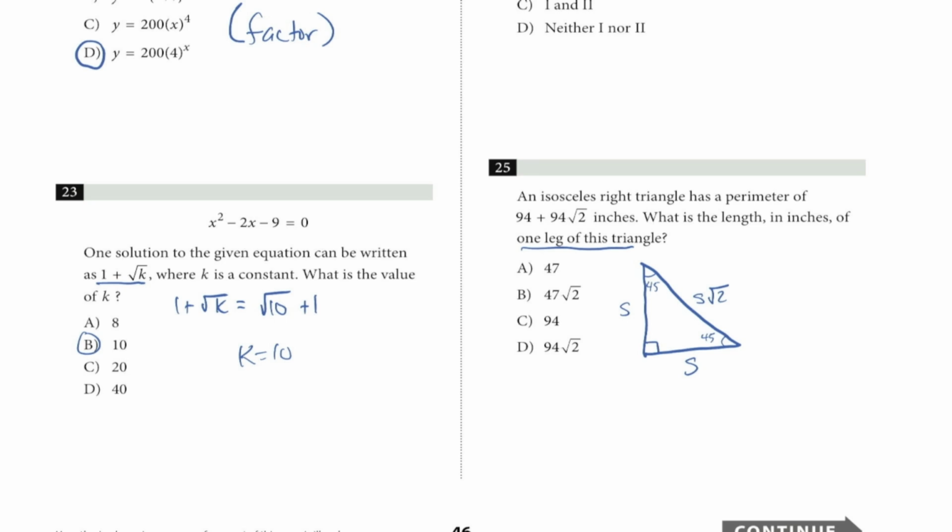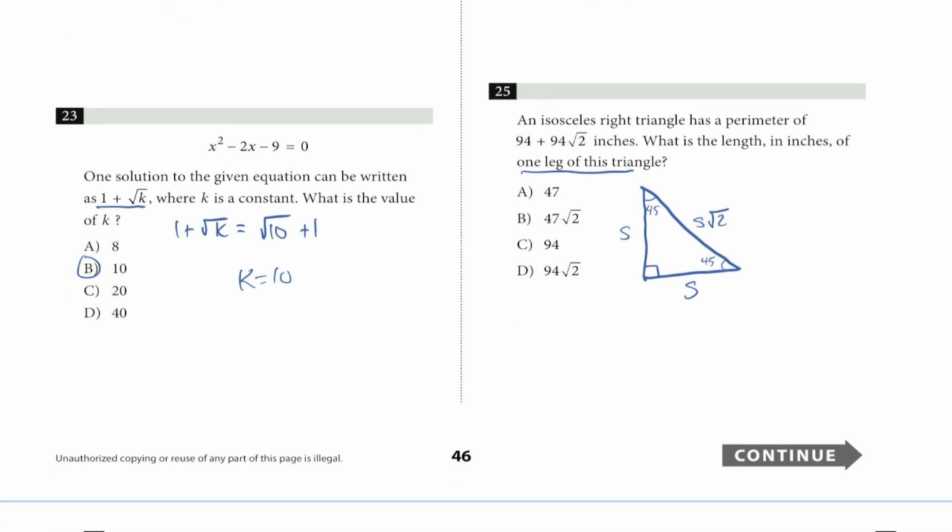So the perimeter of this we can now say is S plus S plus S root 2, and this should equal the perimeter. They gave us the perimeter, so this should equal 94 plus 94 root 2. We just wrote an equation that has one letter in it that we don't know, so we can now solve this equation.